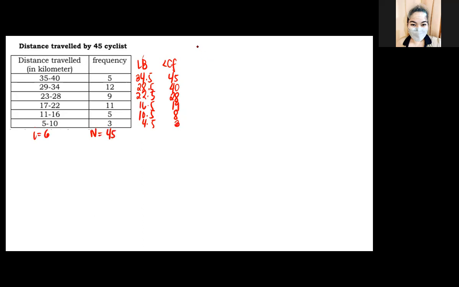Then, the median class is here. So this is the median class, because we compute that using n divided by 2, 22.5.